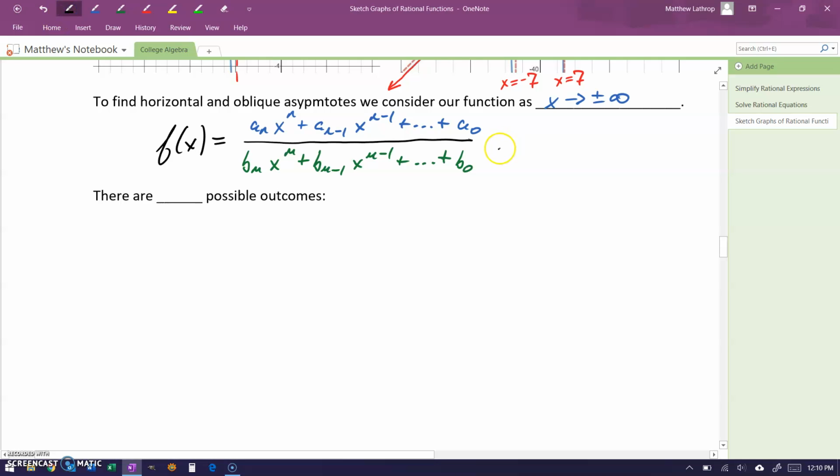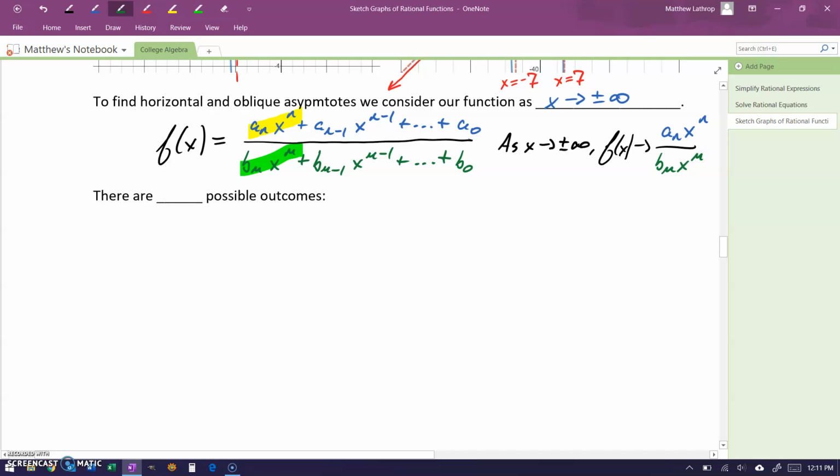What we would say is that if we consider x approaching both positive and negative infinity, we consider our function approaching the dominant term or the leading term of both the numerator and denominator. So essentially whatever this leading term is in the numerator and denominator of our function, as x gets increasingly large, those terms are going to increase so much faster that our function is essentially approaching a sub n x to the nth power over b sub m x to the mth power.